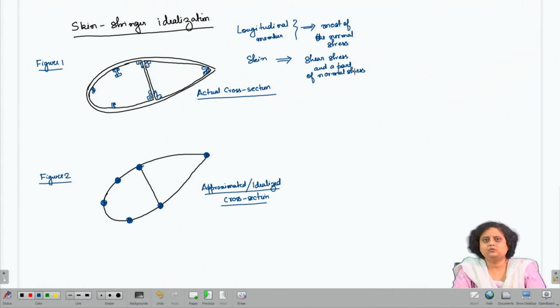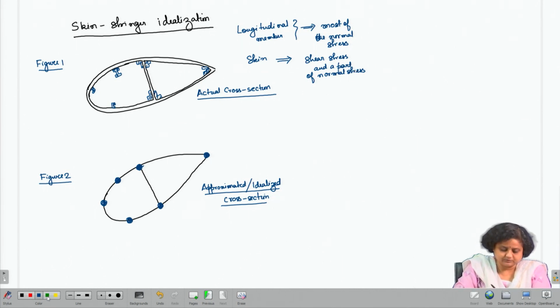And then usually at the position where the longitudinal members, let me call them stringers, are placed, we place a concentrated area which is called booms.